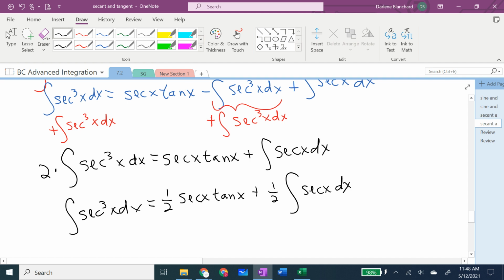And now, secant x is one of the functions that you should have had memorized, but I have not gone over it anytime recently. Part of it is the AP test. I am pretty sure that this does not show up on the AP test. So I think the last time I talked about this was with my classes when u-substitution was brought up.